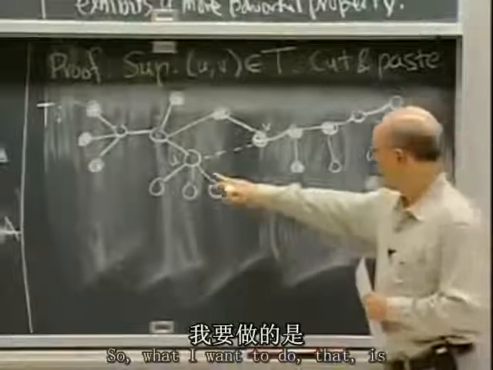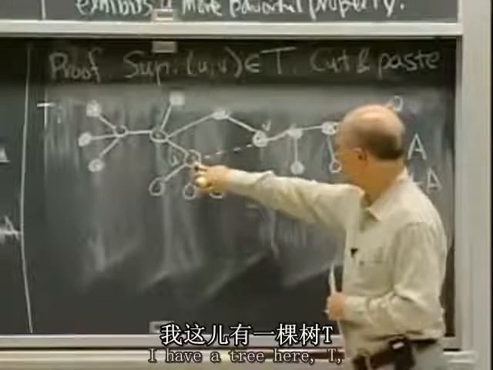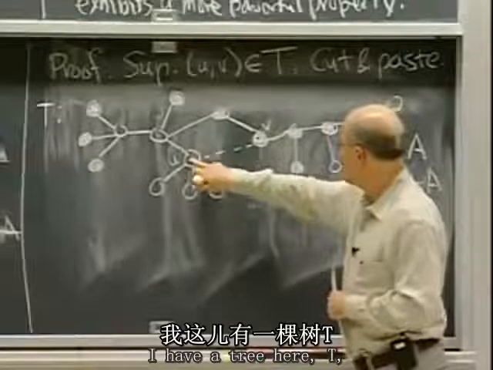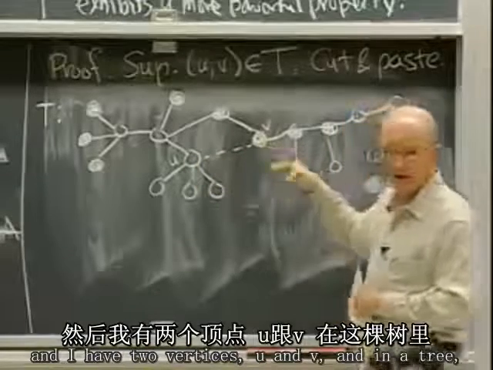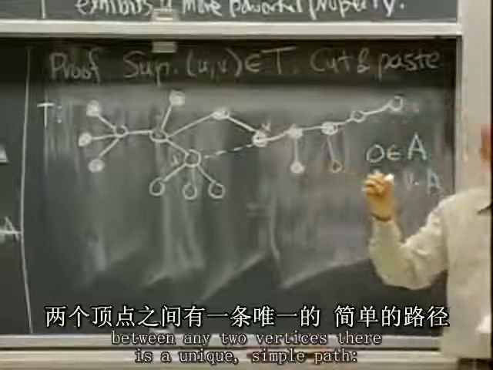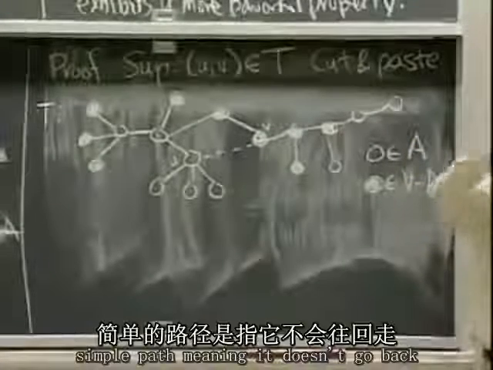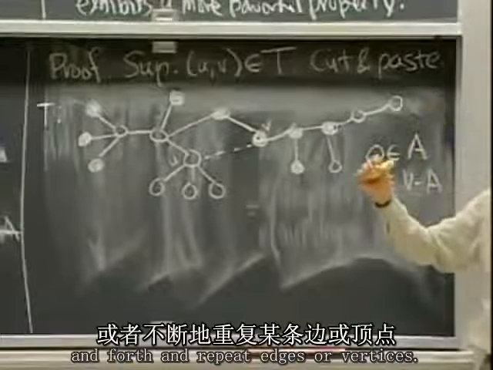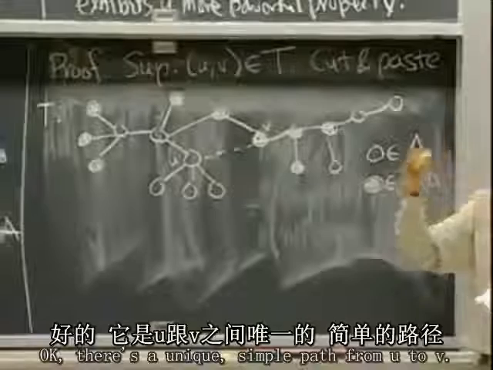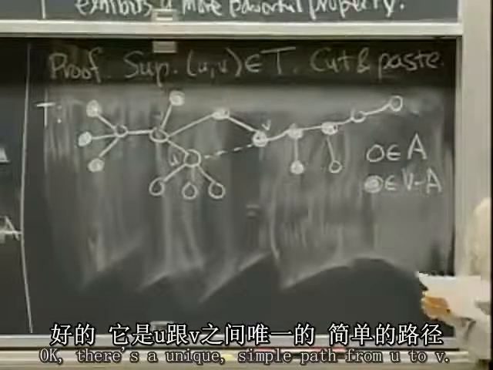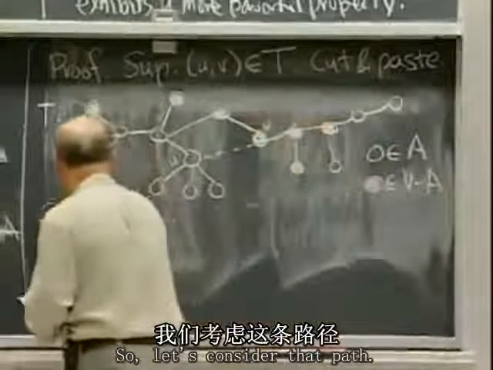So what I want to do then is I have a tree here, T, and I have two vertices U and V, and in a tree, between any two vertices, there's a unique simple path. Simple path meaning it doesn't go back and forth and repeat edges or vertices. There's a unique simple path from U to V. So let's consider that path.